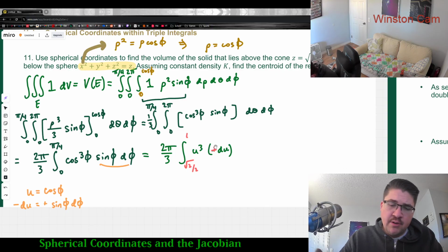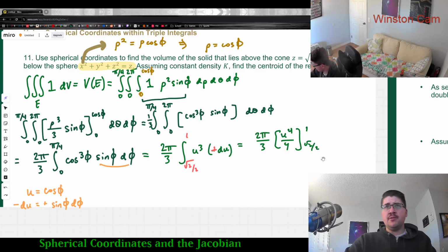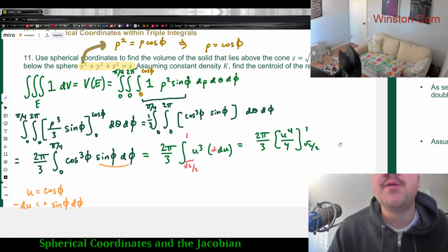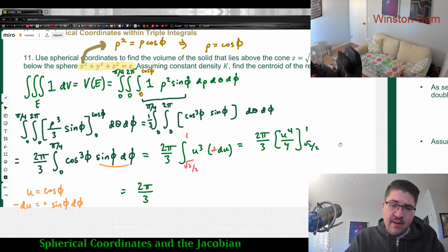So integrating u cubed would just give us u to the 4th over 4, evaluated from 1 to root 2 over 2, and then we can finish up our math to see what our volume would be. Plugging this all in, we're going to have just 1/4 to start with.